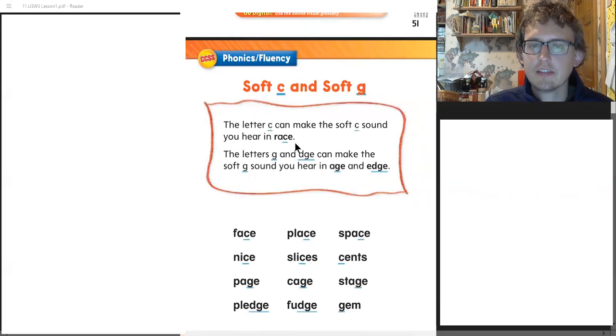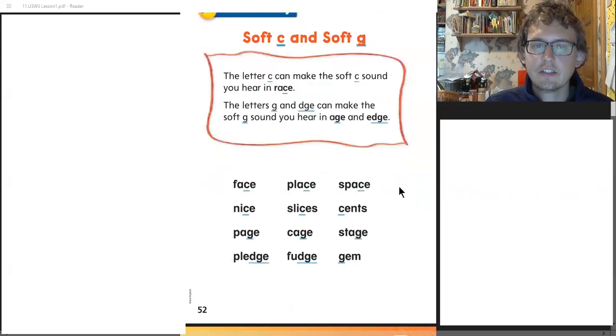So when we say race, it kind of sounds like an S, but it's a soft C, all right? Race. And for G and DGE, it's J, age, edge, okay? So I will read these words 2 times, and then you can practice, okay?